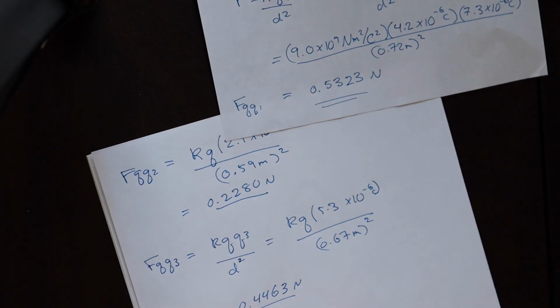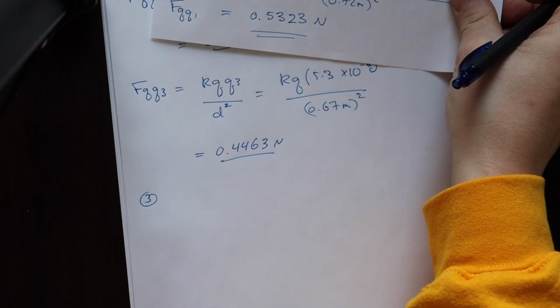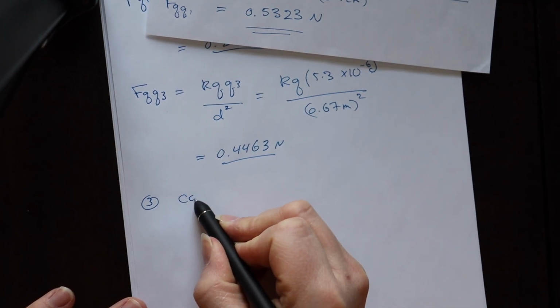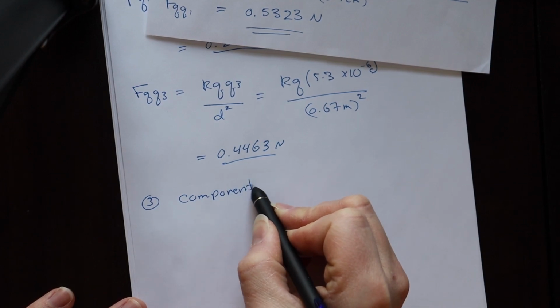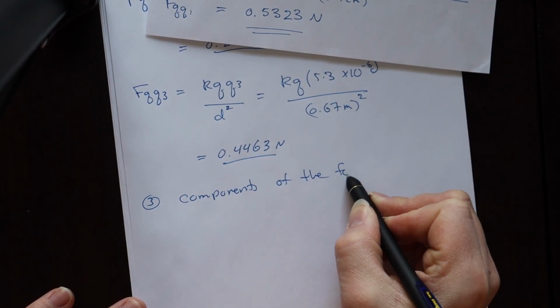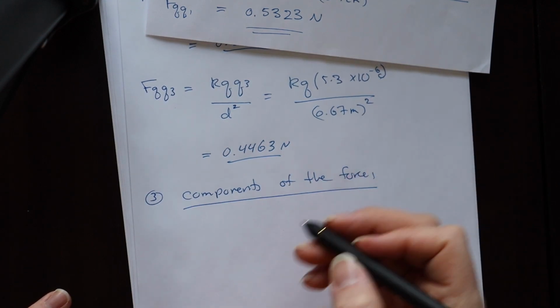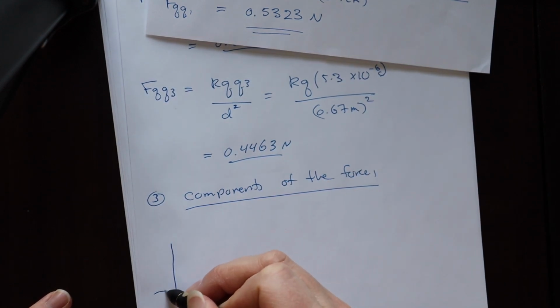So step three is to find basically the components of the forces. Okay, so Q and Q1 we said is going to attract. So I'm going to actually redraw just this.